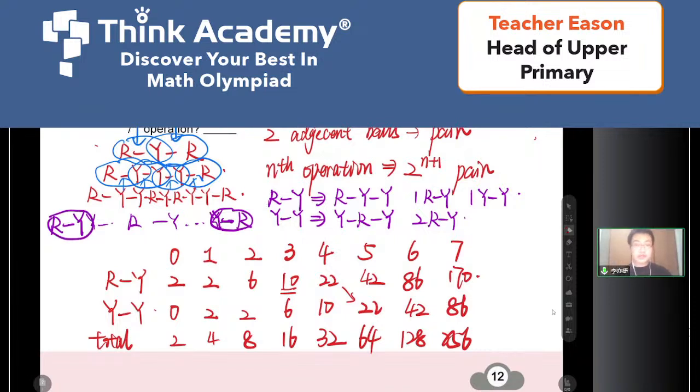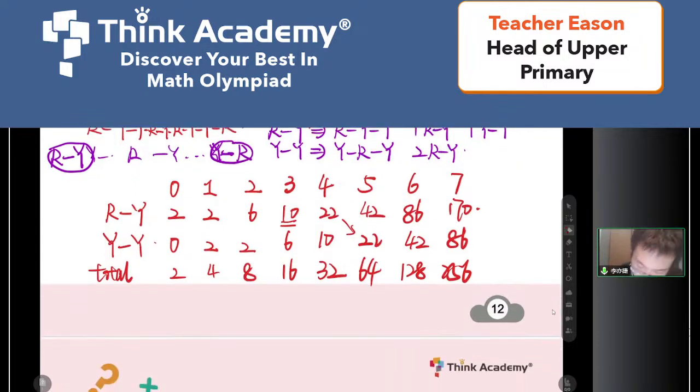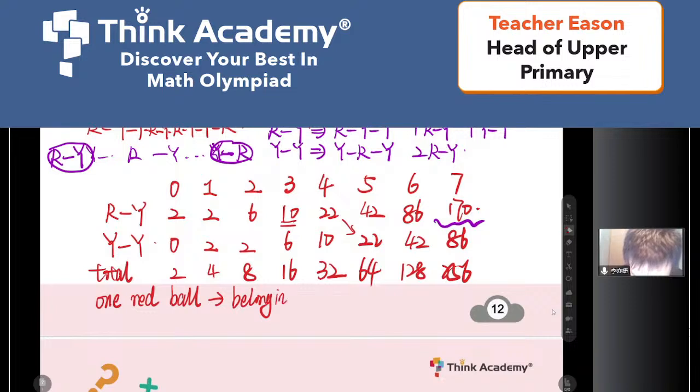And except for this, red is always adjacent to yellow, which means 1 red ball should belong to 2 pairs of red-yellow, because 1 red must be adjacent to 2 yellows.